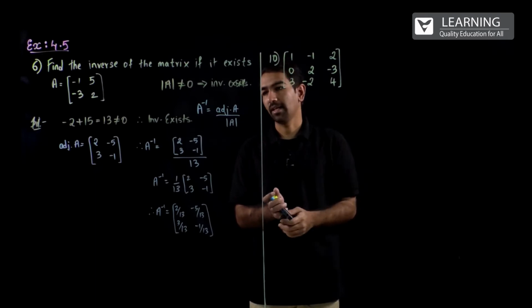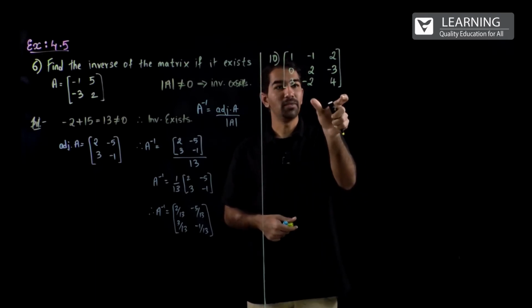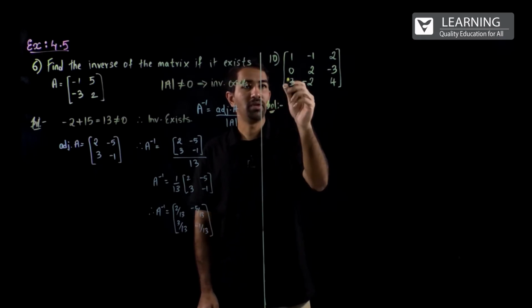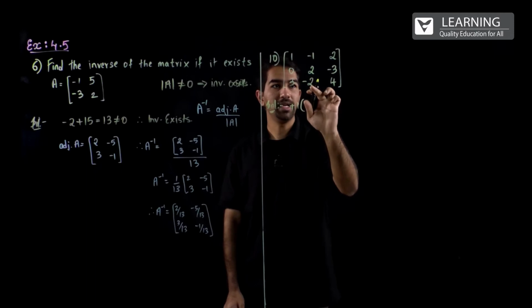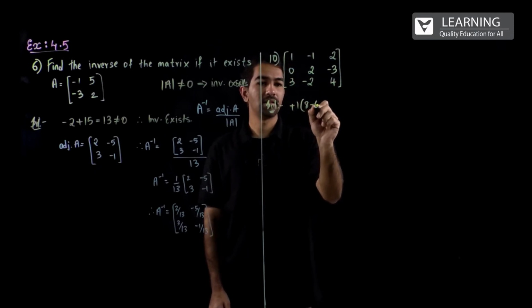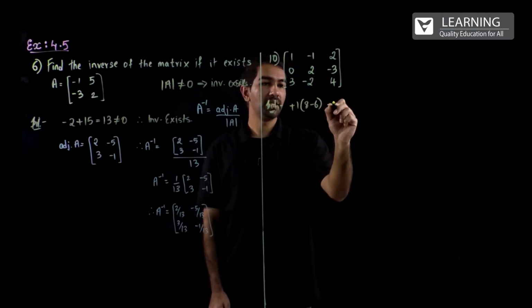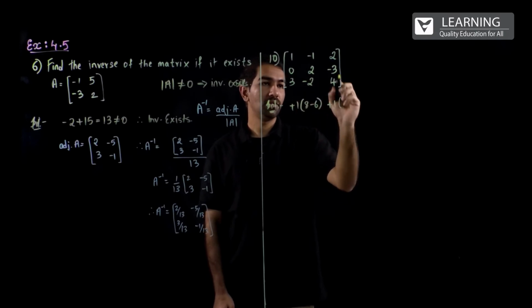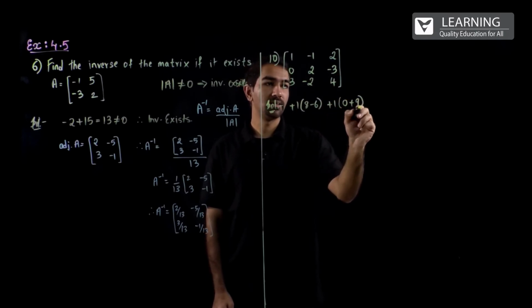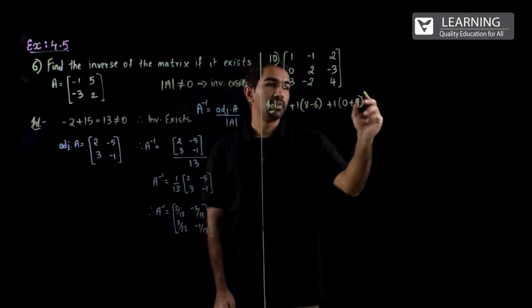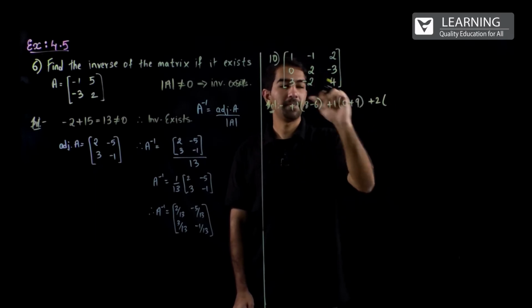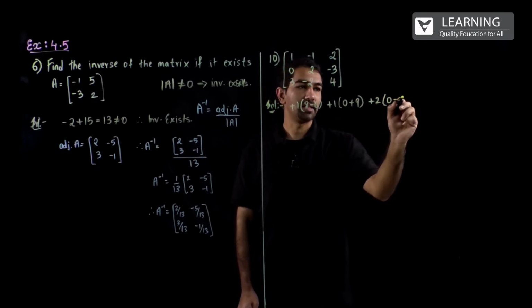Before we start with calculation, let us find out whether inverse exists or not. So finding out the determinant of this, what will we be getting? Plus 1 of 8 minus 6, minus 1, minus into minus, that will become plus 1 of 0 plus 9, and plus 2 of cofactors, 0 minus 6.